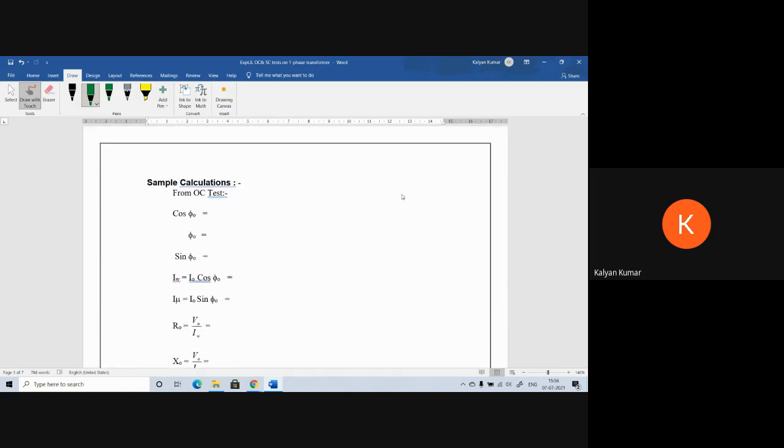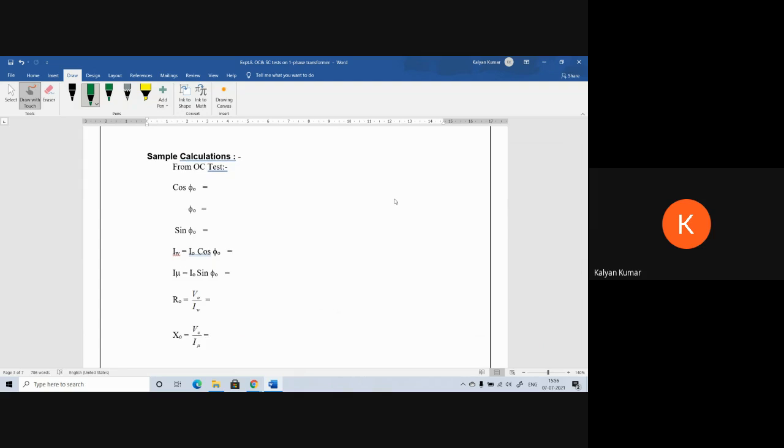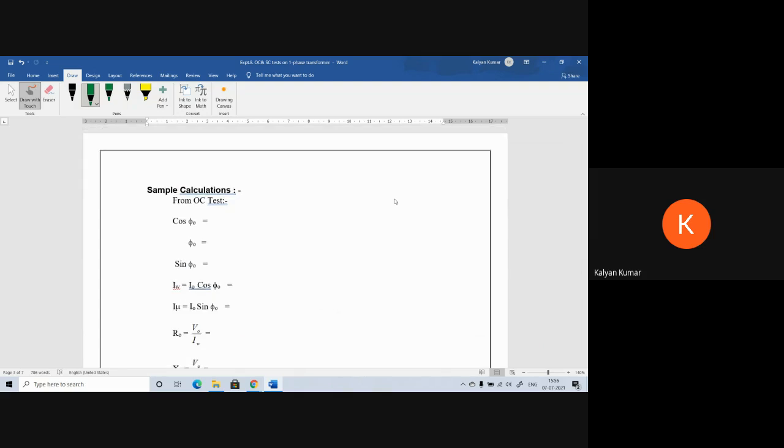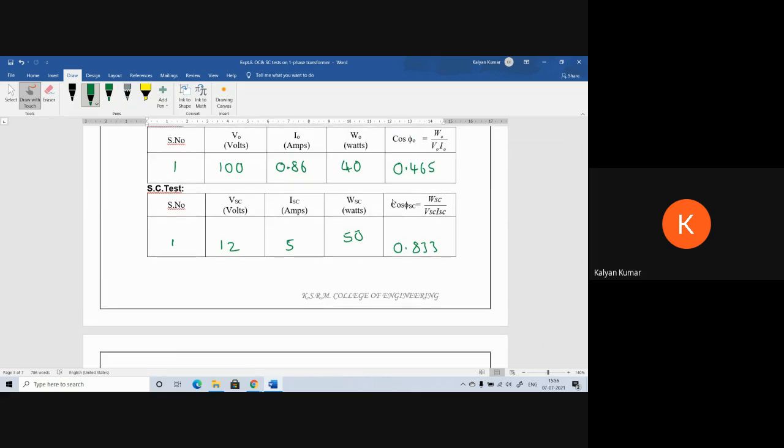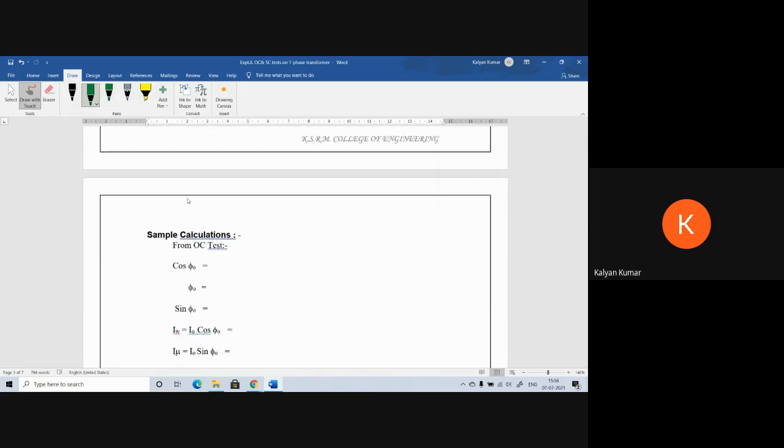So, from OC test, we can calculate the R0 and X0 values. For calculating the R0 and X0, let's take the OC test data. So, cos phi naught we got as 0.465.